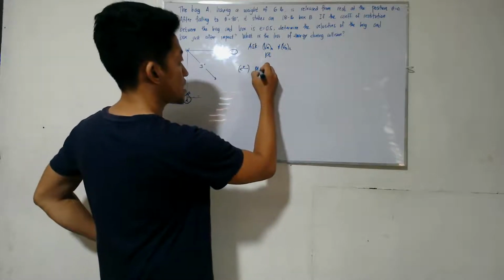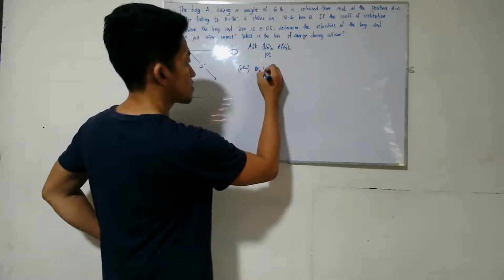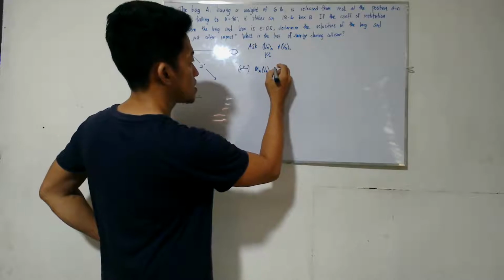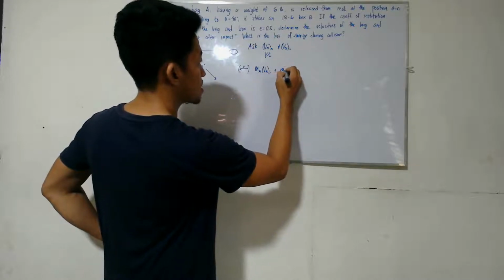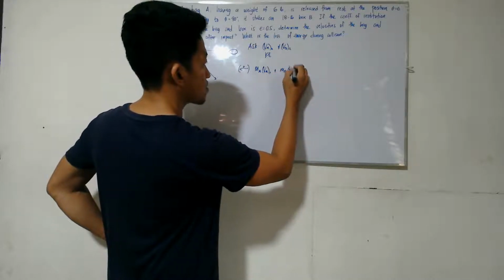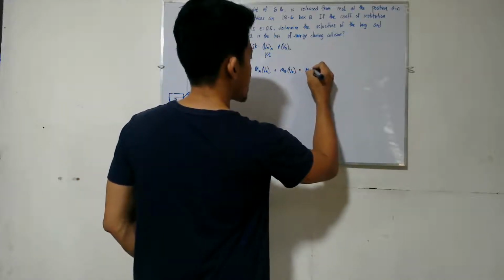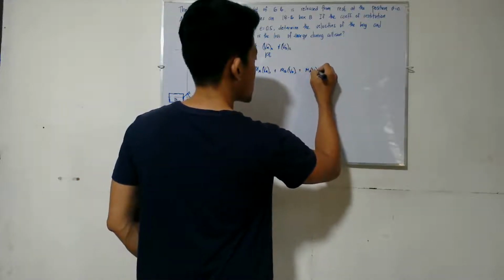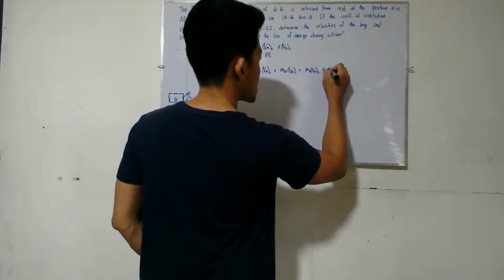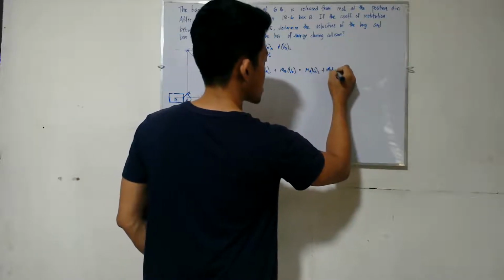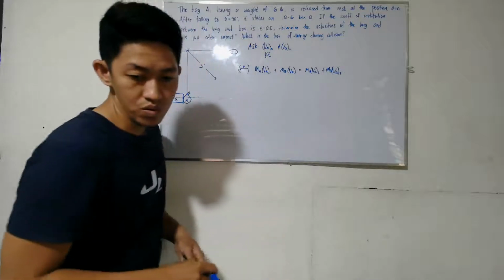So you have MA VA1 plus MB velocity V1 is just equal to MA VA2 plus MB velocity V2.